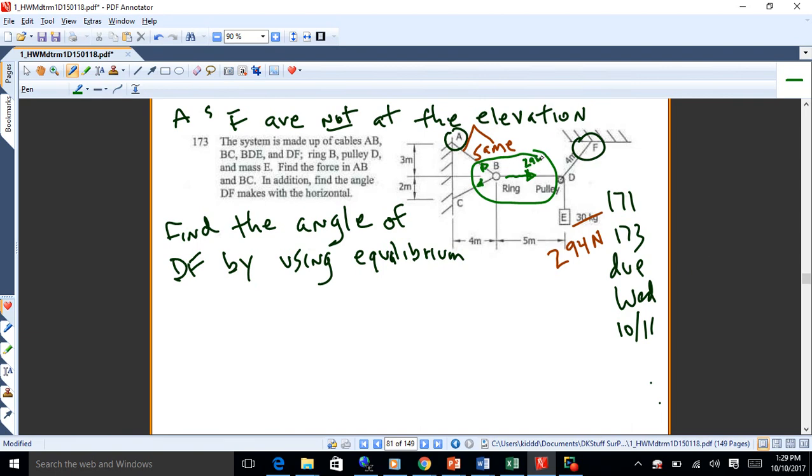So you're going to have 294 going that way, and then the two unknowns going up left and down left. And then you've got the dimensions on there where you can trigonometrically figure out the angles at B and for AB and BC. Okay? And then you'll do some equilibrium on the ring.